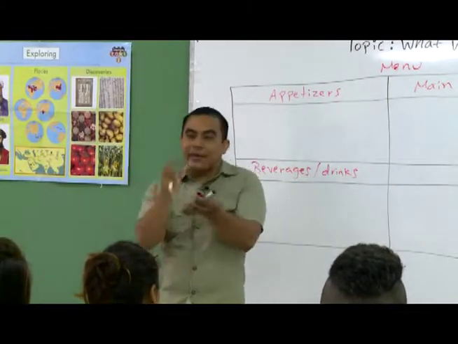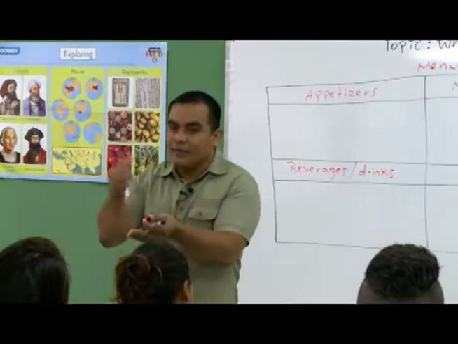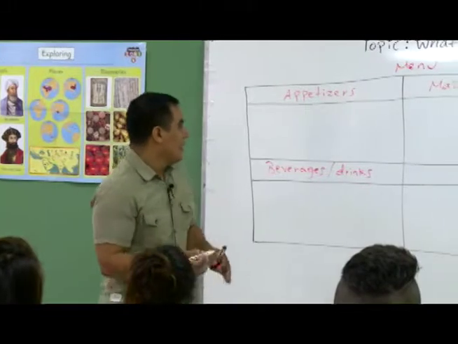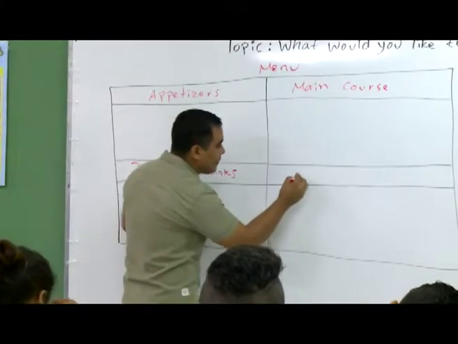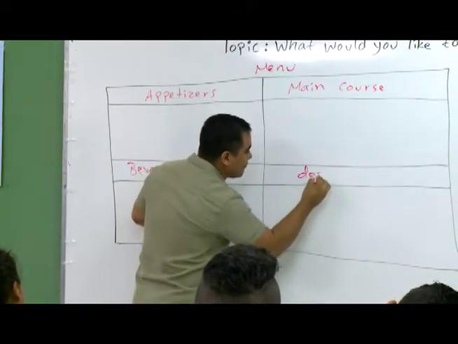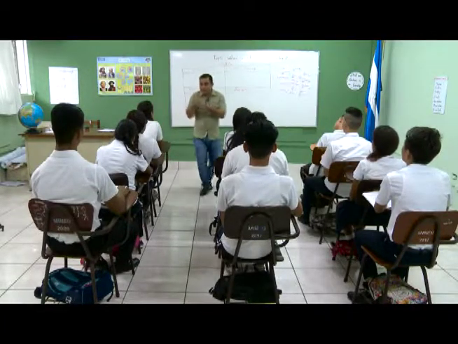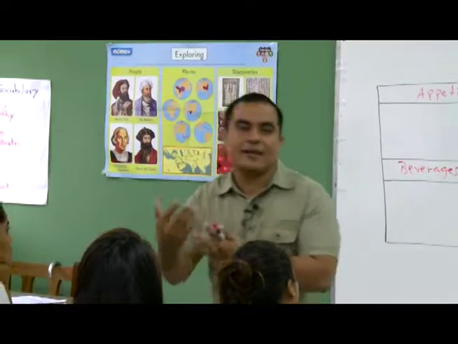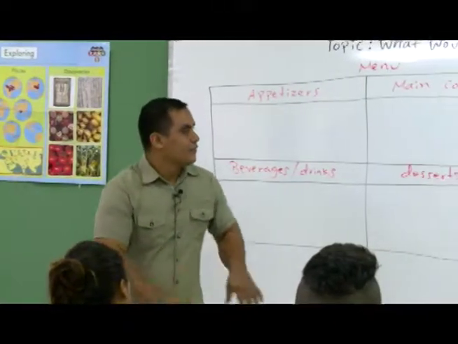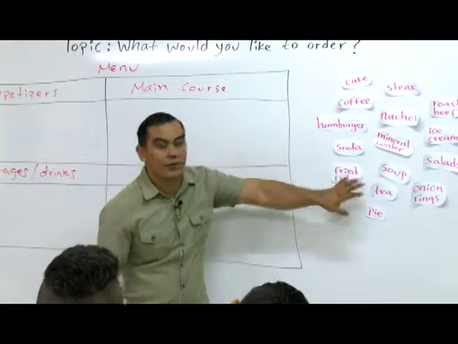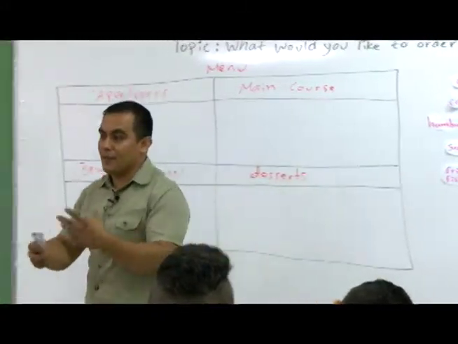This is the liquid. For example, water, coffee, tea. And finally, we have desserts. Desserts is the sweet meal that they give you in a restaurant. So over here, we have different foods and drinks that you can be given in a restaurant.